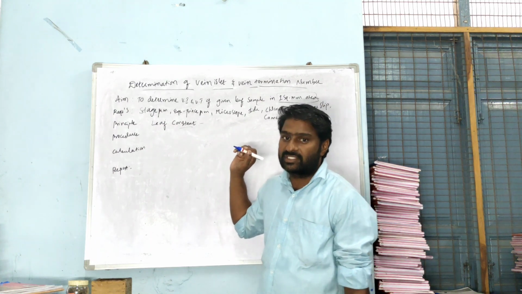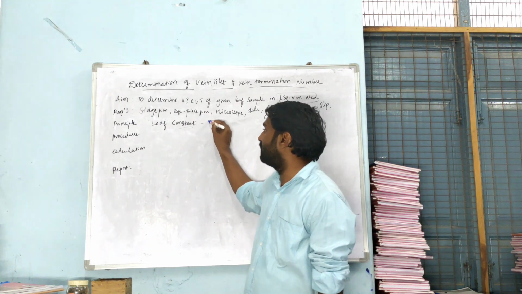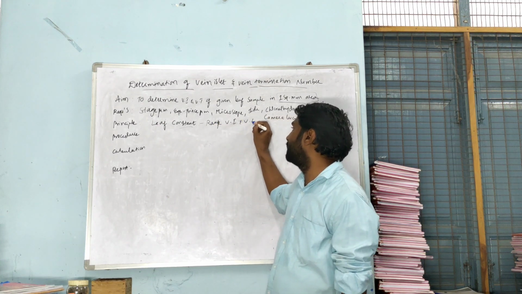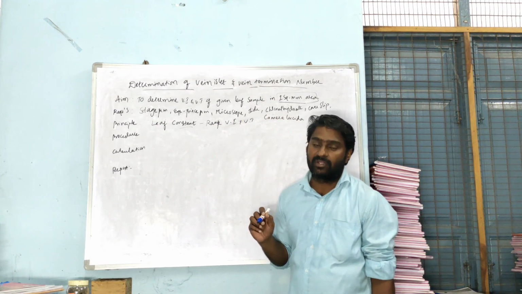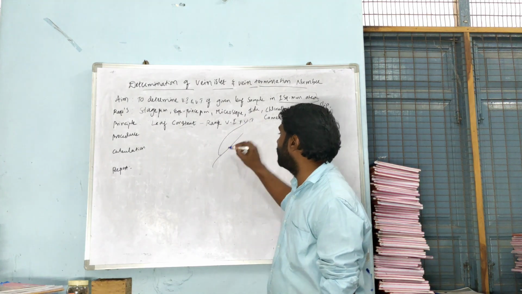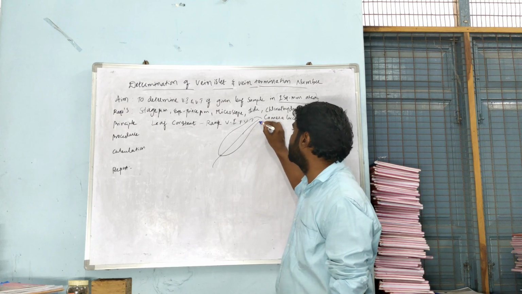As it is a leaf constant, definitely that would not change, and there will be a range of vein islets and vein terminates. So in order to determine this range, first let us see what are called vein islets and what are called vein terminates.